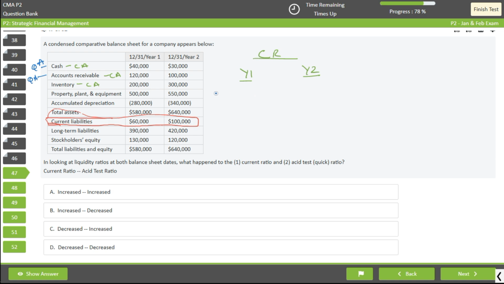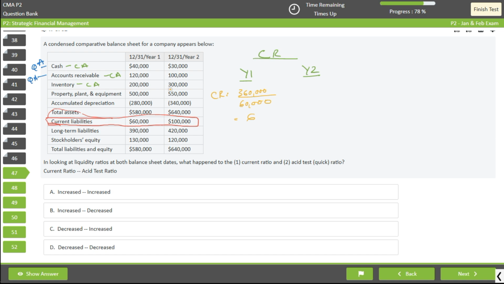So for the current ratio we have 40 plus 120 plus 200, it's 360,000, by 60,000, which is 6.